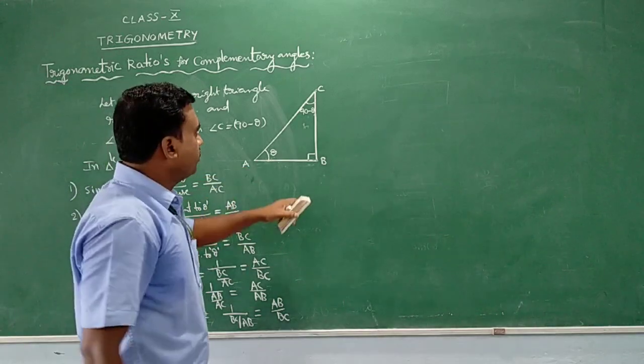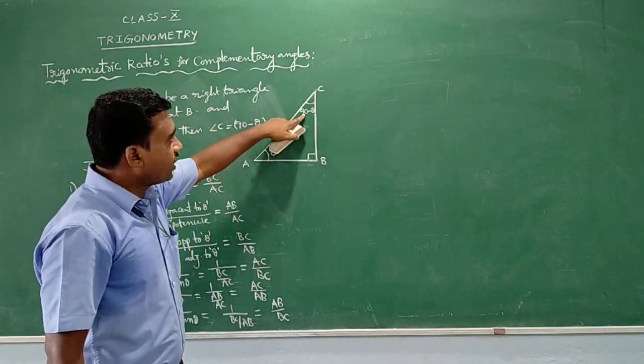Now let us write trigonometric ratios for 90 minus theta.